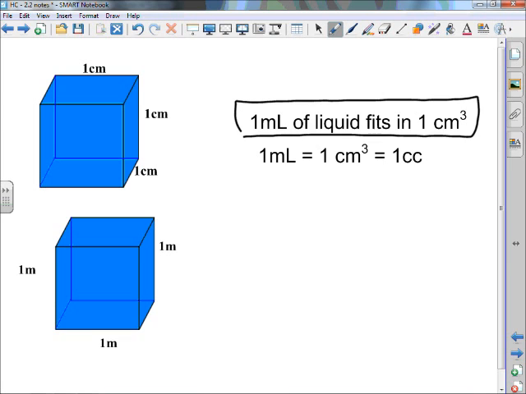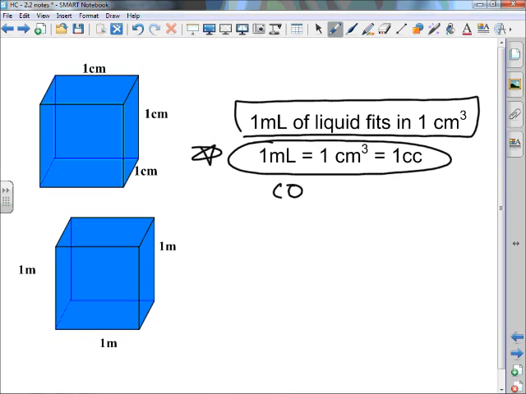Again, we're not talking about any weird temperatures or pressures or weird chemicals, just a standard conversion. So what we now have is a relationship between liters and meters. By definition, this is another important conversion factor to remember. You will have to remember this. 1 milliliter is the same as 1 centimeter cubed, which is the same as 1 cc.